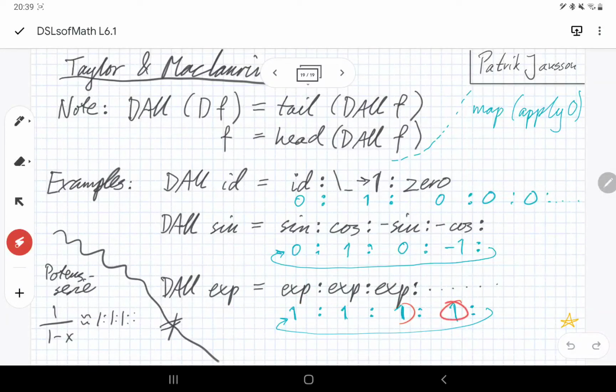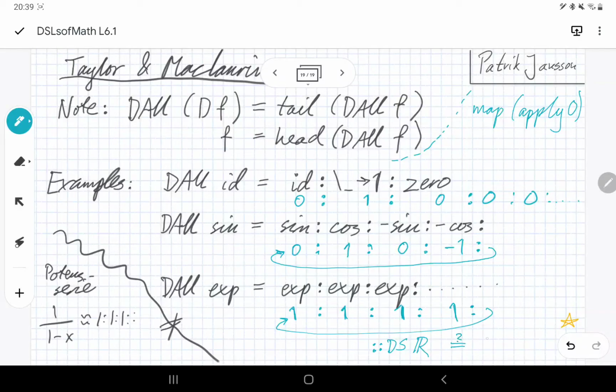So this is an even simpler example. And here it's worth noting that these blue things, so I should write in blue here, are of type ds real.